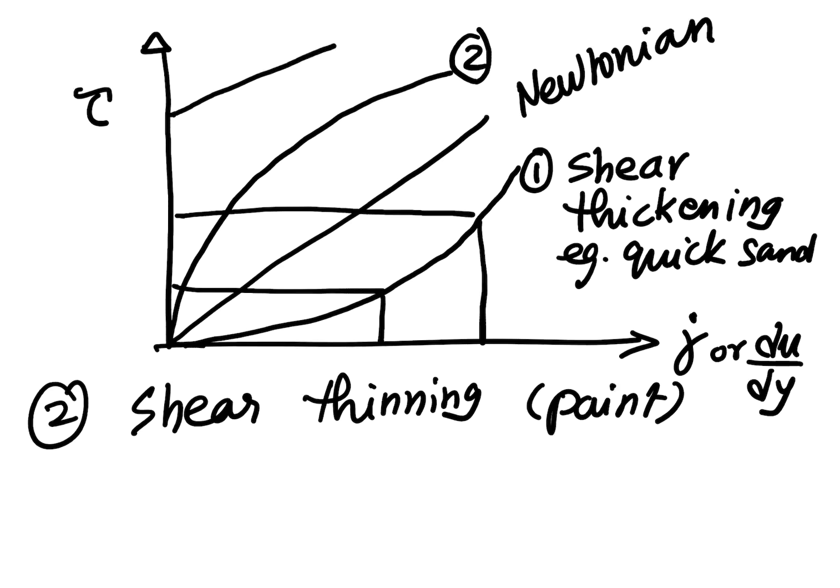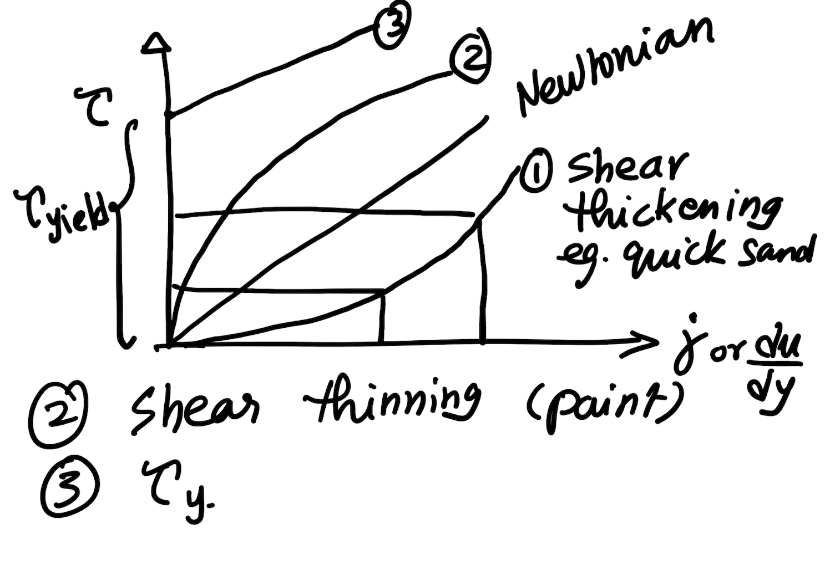The last kind is that of something that has a y-intercept. We call that the yield stress. You need to deform it to a certain extent, and then it starts to move. Okay, it has a threshold or a yield stress. You need to apply at least that much stress for it to start moving. Until then, it will behave like a solid.